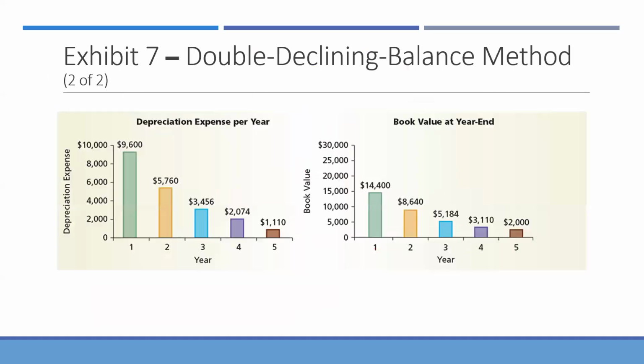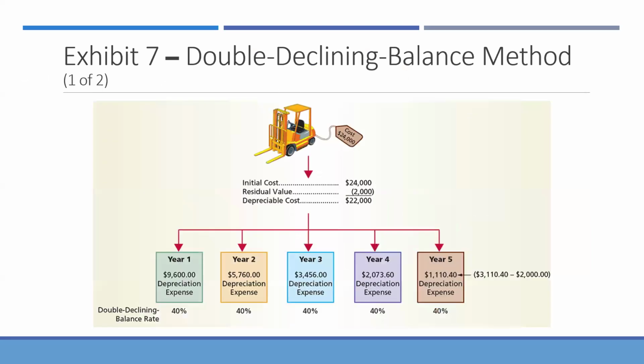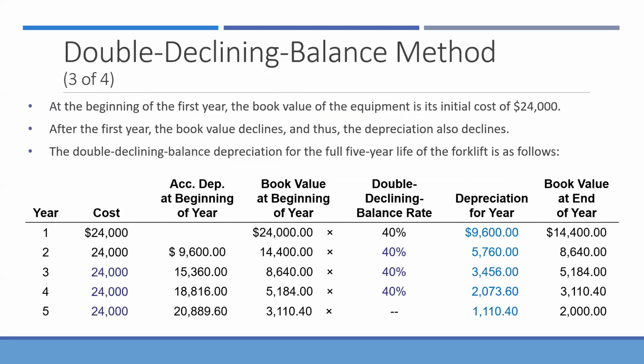So a fun math thing that I think is interesting to note: if we multiplied 22,000 instead of 24,000 by 40%, we would never reach $2,000.